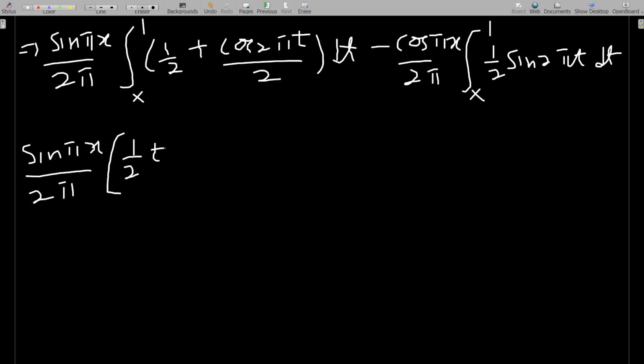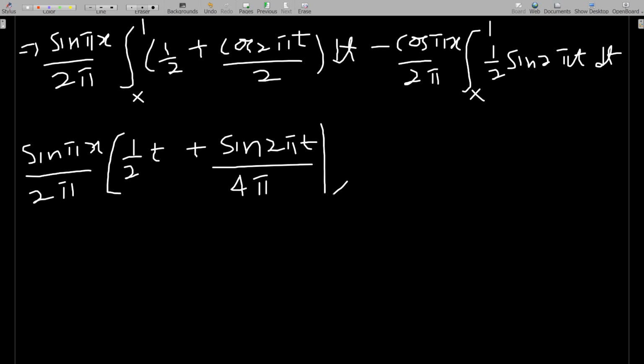When you integrate cos, you get positive sine, so you get sine 2 pi t, then divide through by the derivative of 2 pi t with respect to t, which is 2 pi. So you get 4 pi.